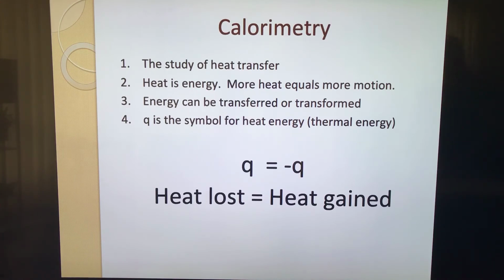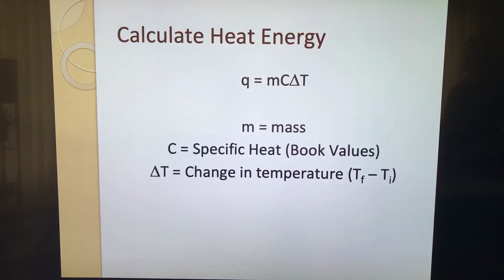So as Fred said right at the beginning, if you have a hot cup of coffee and it loses 10 joules of energy, the air around it, a different system, must gain that same amount of energy. All right, so how do we actually do the calculation?